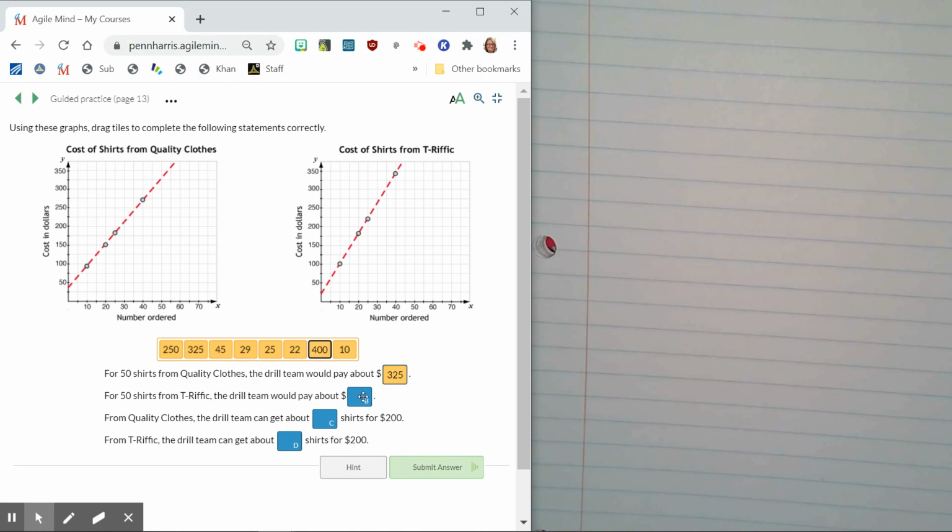From Quality Clothes, the drill team can get about what for $200? So here's Quality Clothes. So let's go over to $200. Let's follow this over, and that falls right in between 20 and 30. So we're going to call it about 29 because it's closer to the 30 mark. And from Terrific for $200, it looks like about, hold on here, 200.